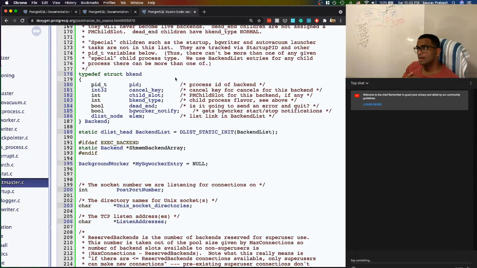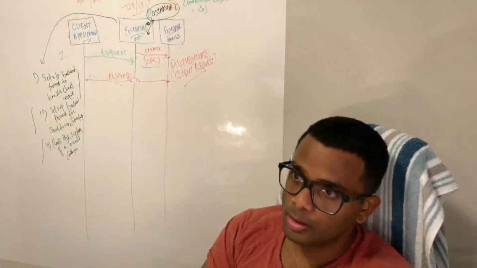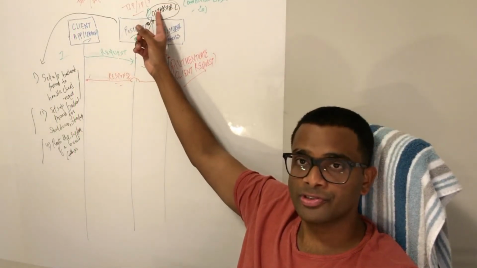Actually, before that, when you are trying to establish a connection, let's say you are starting a session in DataGrip, or your client application is invoking a request, the first thing, the object type which handles authorization and runs your query, is not the postmaster.c which we already saw.